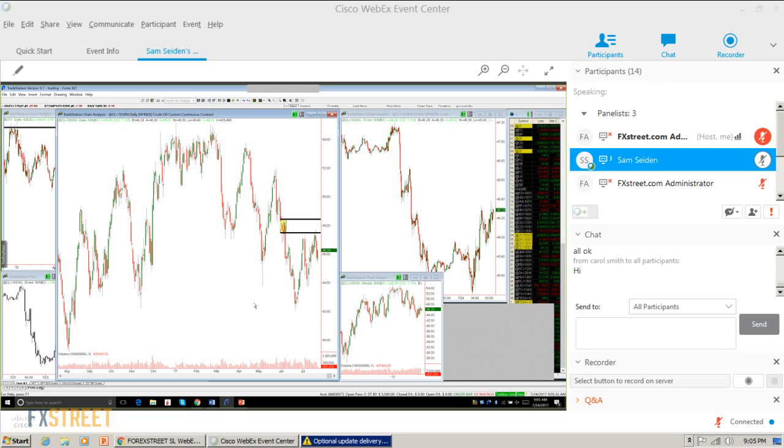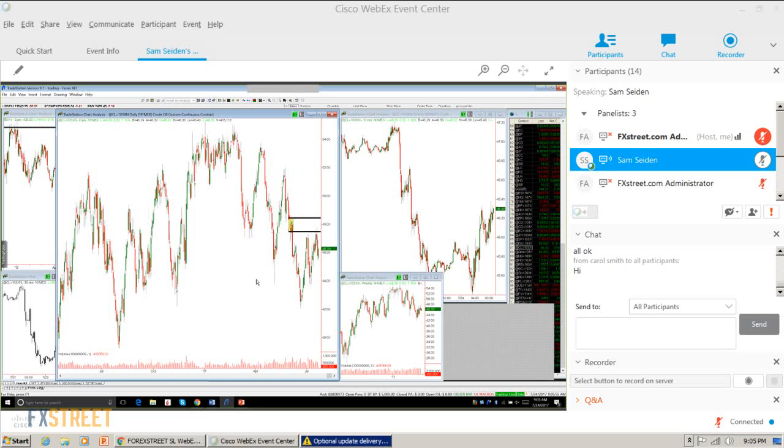So here we have a supply zone on the daily chart. I don't know if any of you are still in this trade. This is one of our FX3 levels. We were looking to get short up here, right at the 47.50 area, for a much bigger move to the downside, back to the low 40s, if not upper 30s.